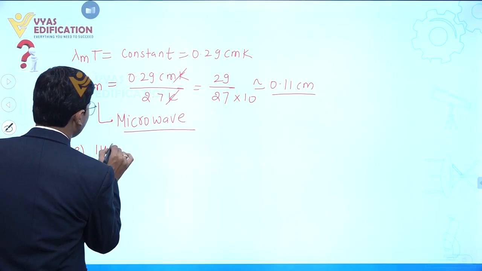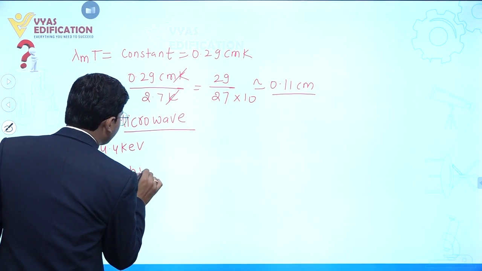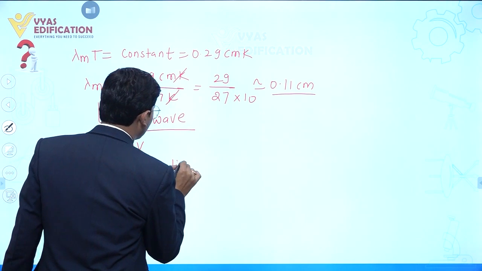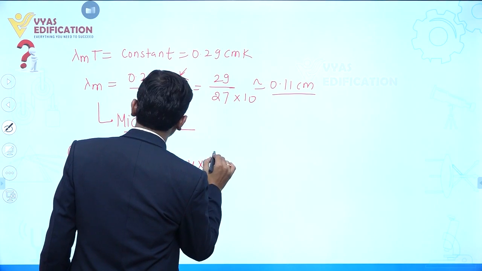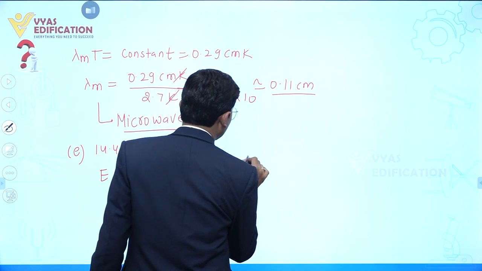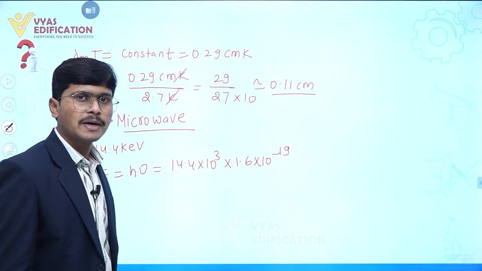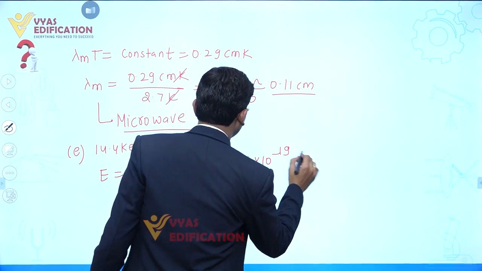E equals h nu, clear. This is 14.4 into 10 to the power 3, and because this energy is given in electron volt, we convert into joule by multiplying with 1.6 into 10 to the power minus 19 joule, clear.